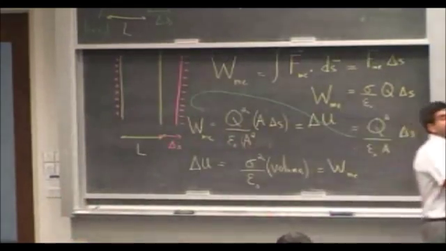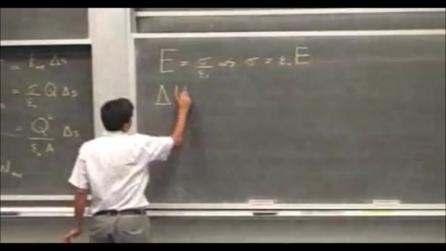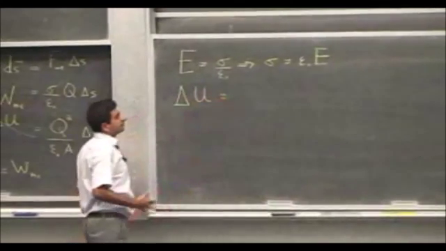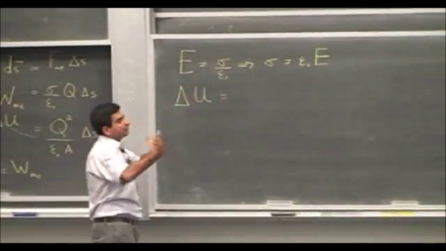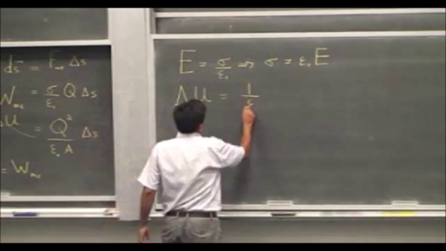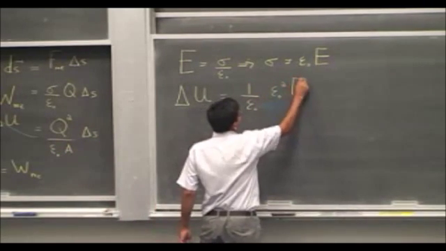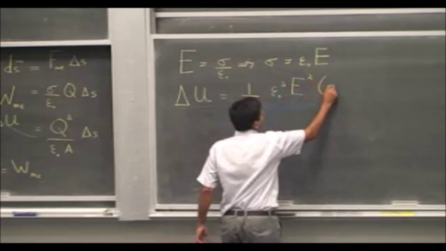Now if I were to express this in terms of the electric field, my electric field in between these plates is E, which is sigma over epsilon naught, which means that my sigma is epsilon naught E. So the increase in the potential energy of this system, which has been affected by myself pushing one of the plates away, is given by 1 over epsilon naught sigma squared, which is epsilon naught squared E squared into the volume.